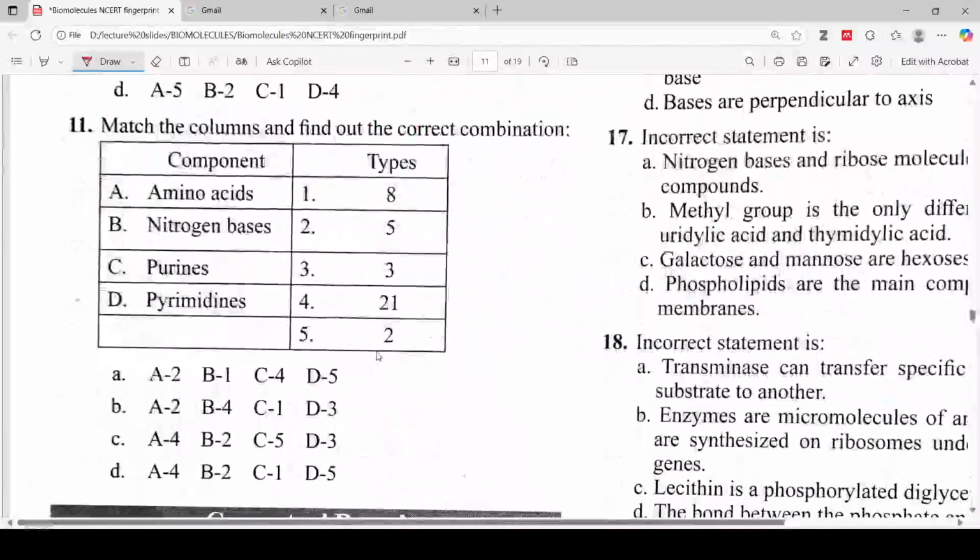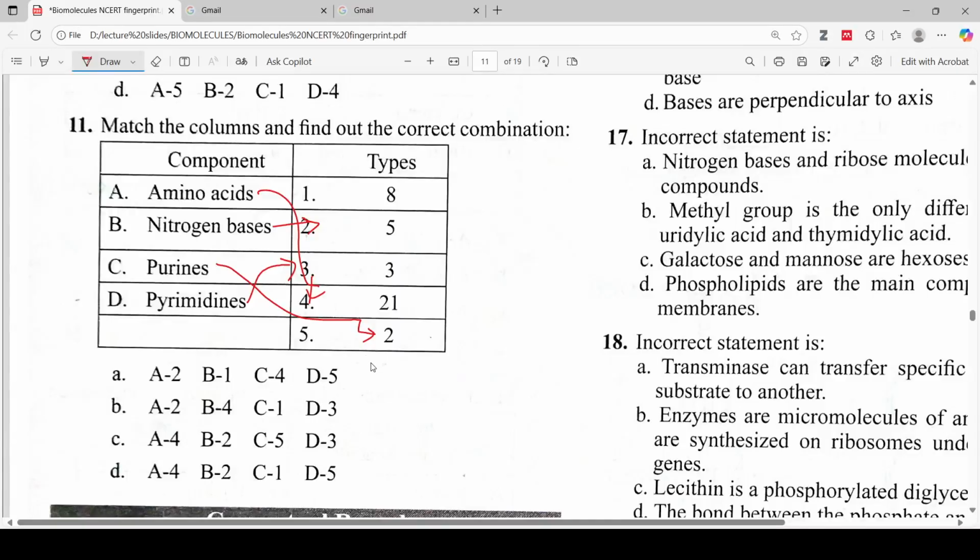Again matching. Amino acids 21, nitrogen base 5, purines 2 and pyrimidine 3.